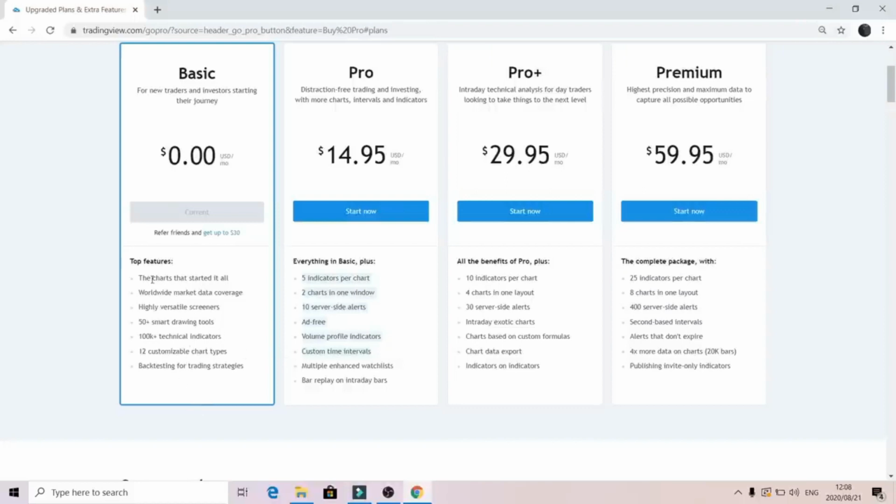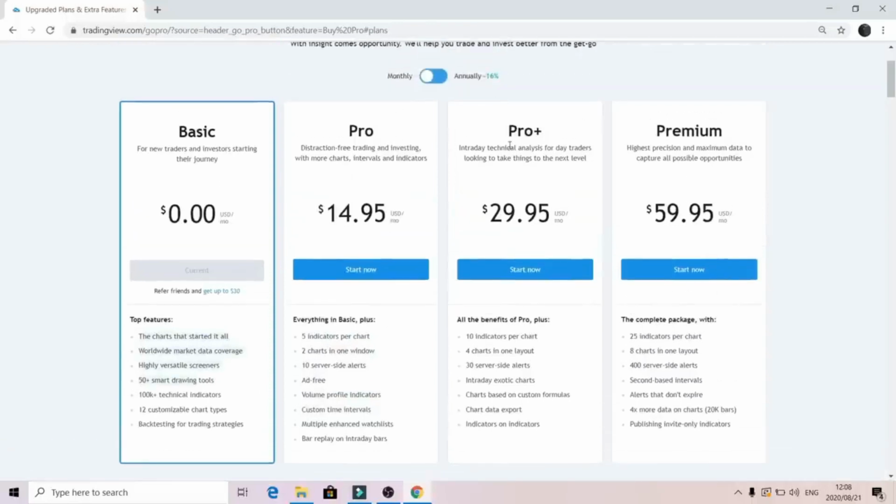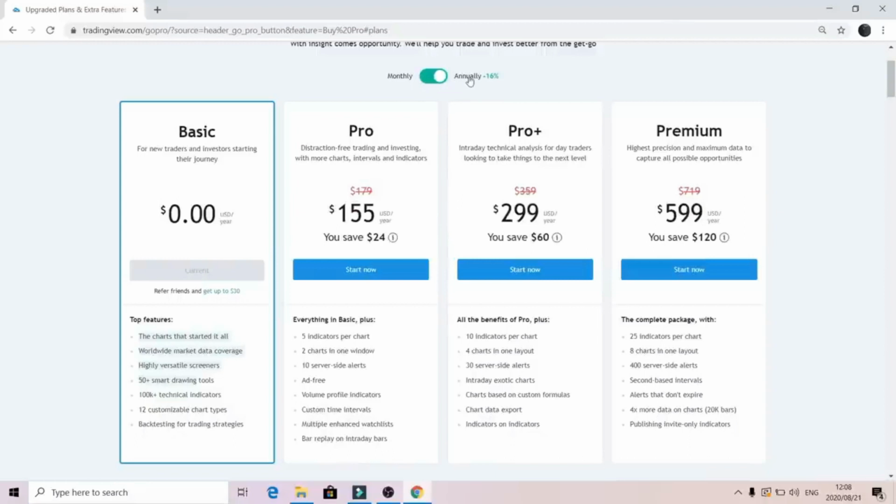As you can see right here, it's all about the charts that started it all. Worldwide data. They just cover simple things compared to when you subscribe to either a Pro Plus or a Premium. But as you can see, these are monthly subscriptions, right? As these are monthly subscriptions, you can also choose to go annual. When you choose annual, you can see that per year you save $24 and actually just pay $155 for the Pro package.